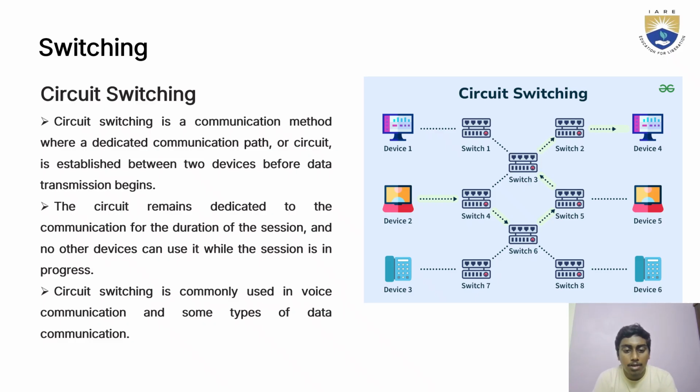Circuit switching is commonly used in voice communication and some types of data communication. As you can see in the given image, the communication path is going from one switch to another switch, from one device to another device using switches.